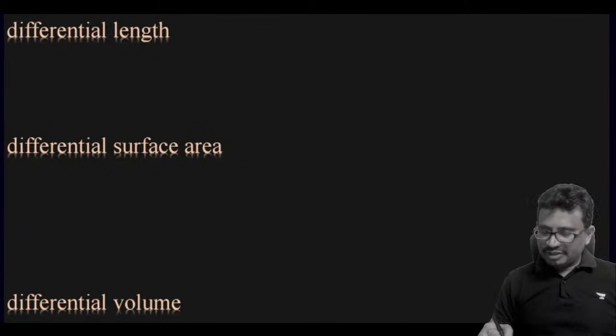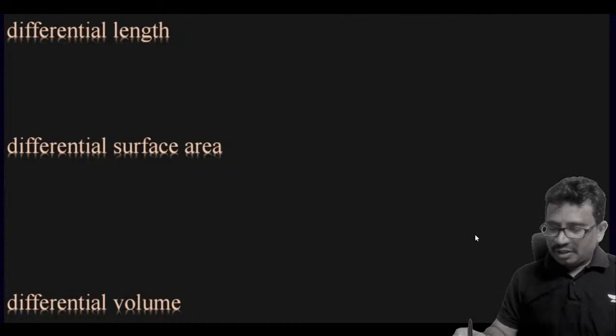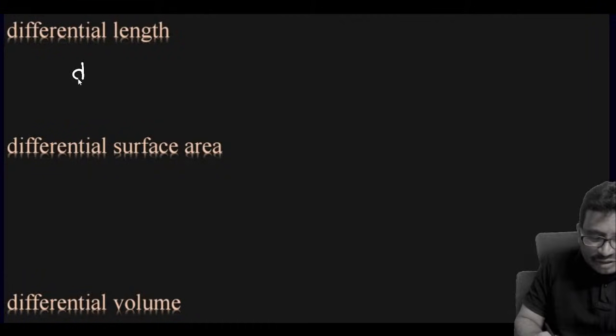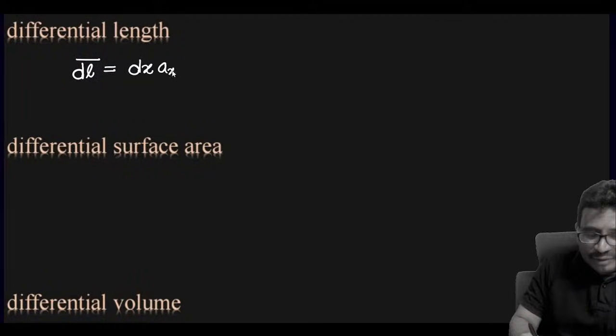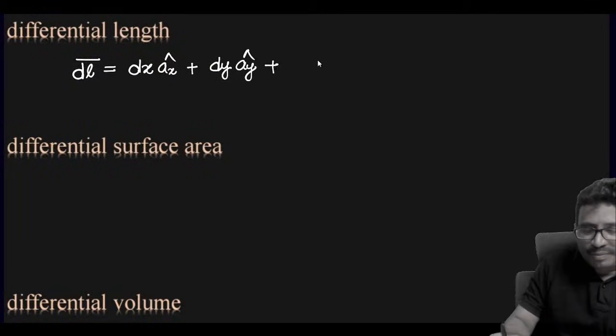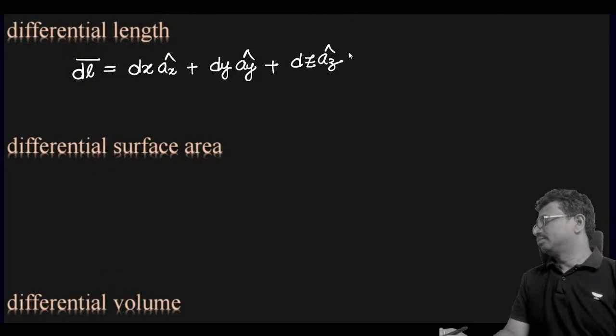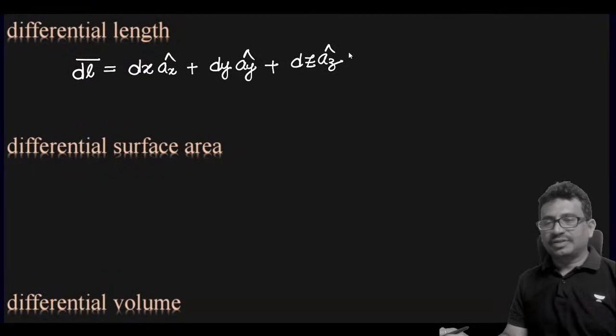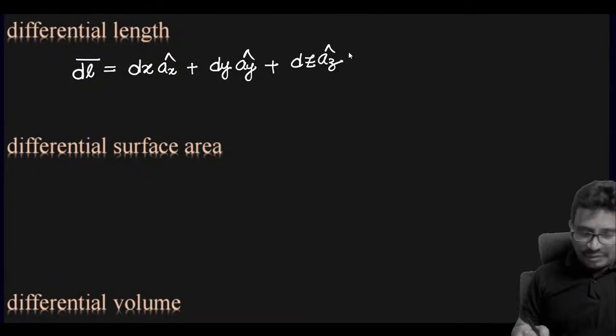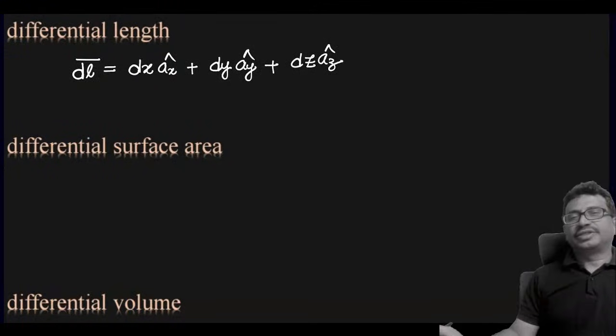Next, here also we write the differential length. The differential length in the Cartesian system is dl equals dx a x cap plus dy a y cap plus dz a z cap. And the differential surface areas, like in the Cartesian and cylindrical systems we have seen.